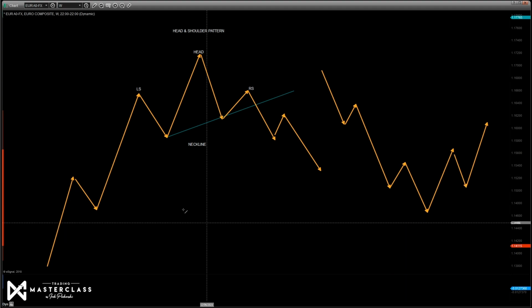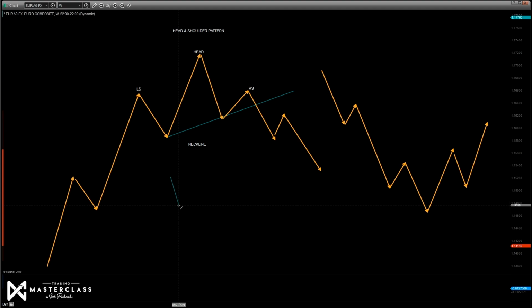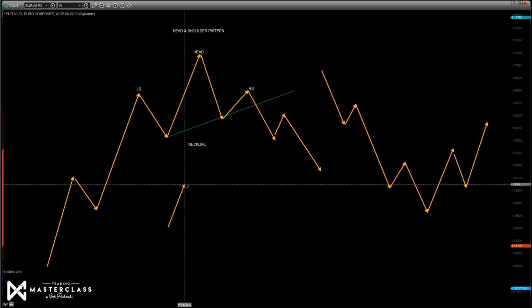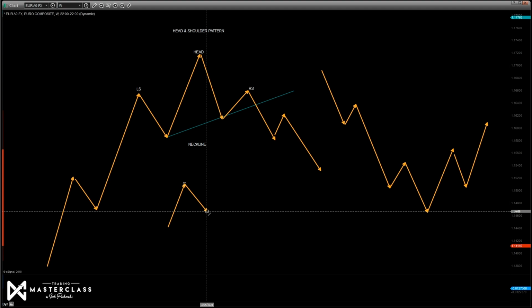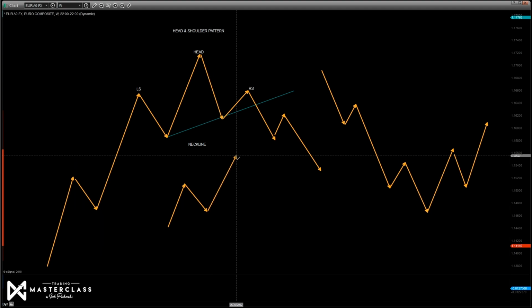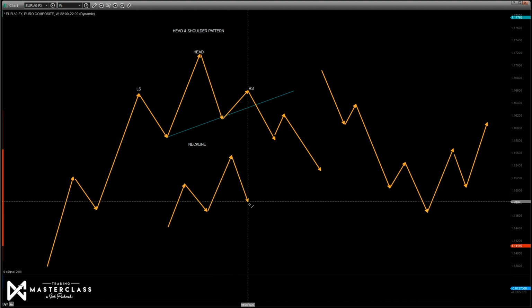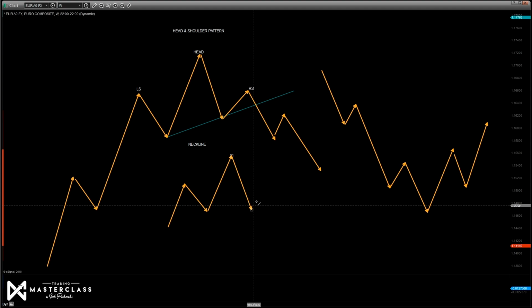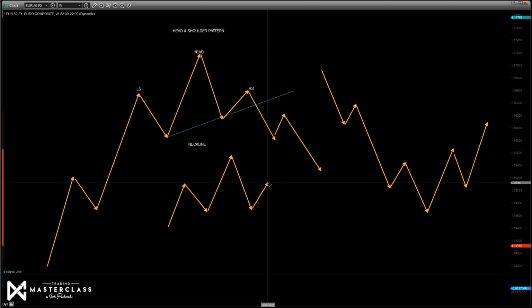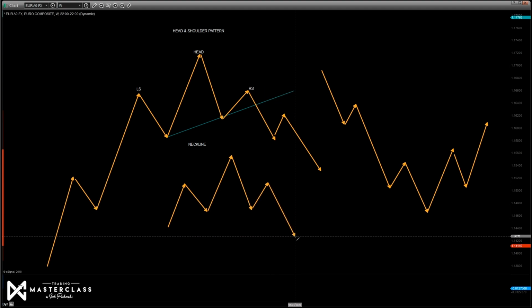Let me draw in a normal head and shoulder pattern just so you guys can fully understand it. And I highly recommend take notes, draw it out on your own and such.